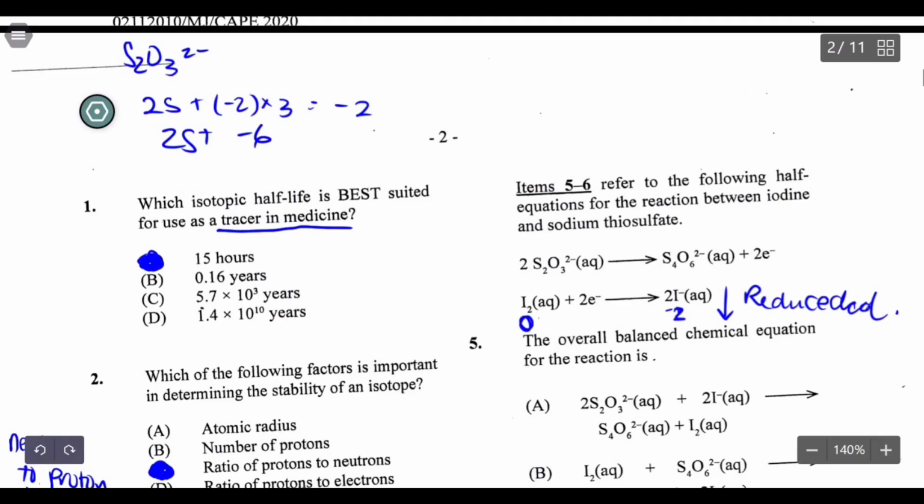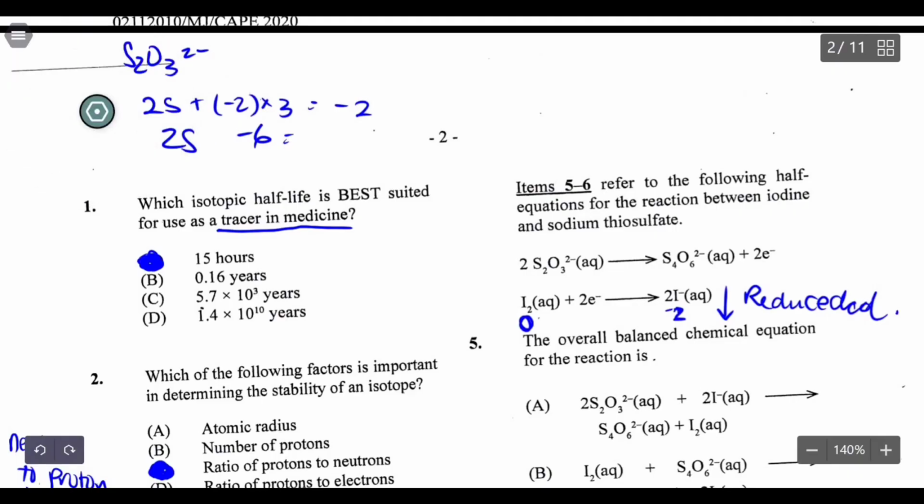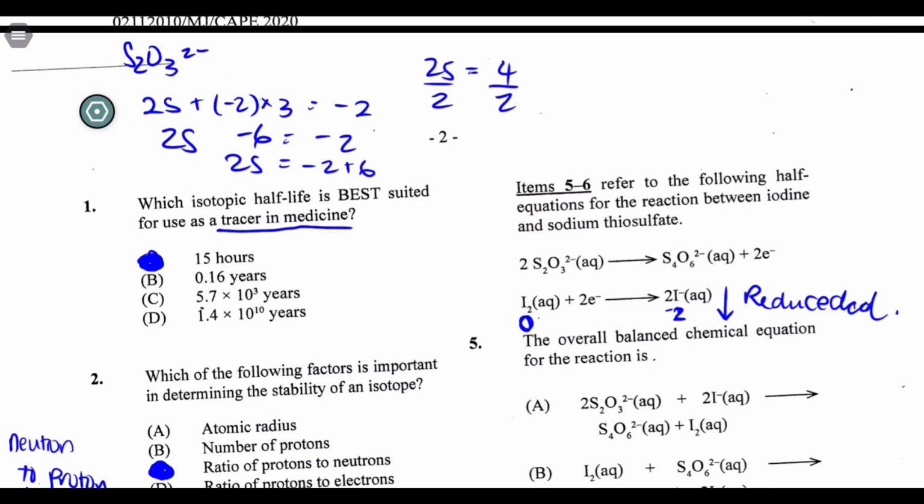So 2S minus 6 basically is what we'll have, is equal to minus 2. Therefore 2S would be equal to minus 2 plus 6, which would be 2S being equal to 4, and you divide by 2 on both sides to get S, and S is equal to 2.